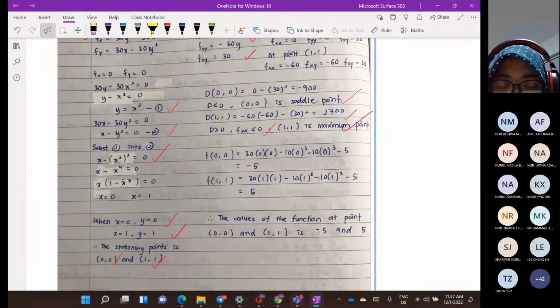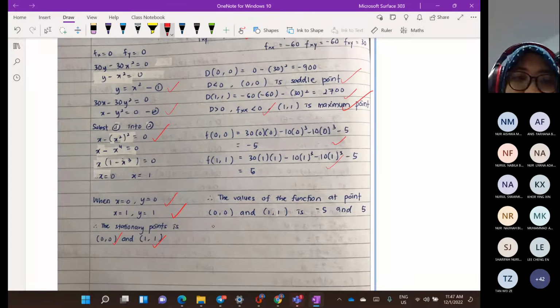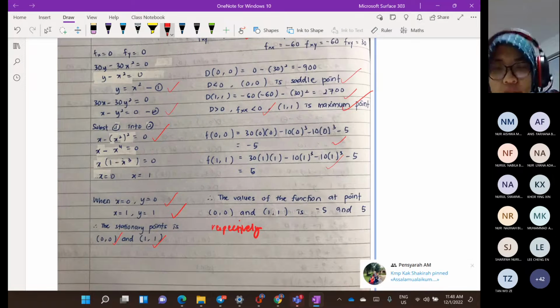So dia substitutekan nilai point tu dalam equation asal f, and then dapat negative 5 untuk (0, 0), dengan untuk point (1, 1) tu dapat 5. Okay, good. The values of the function at point (0, 0) and (1, 1) is negative 5 and 5 respectively. Respectively jangan buang-buang, tapi tak pun boleh lah, dari segi grammar tu salah lah.